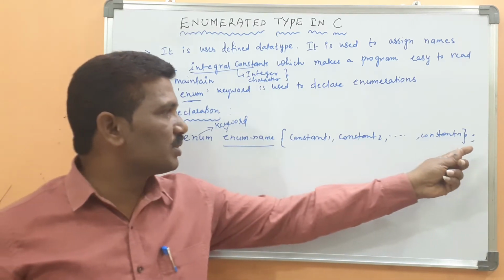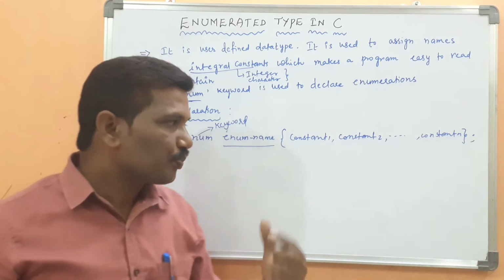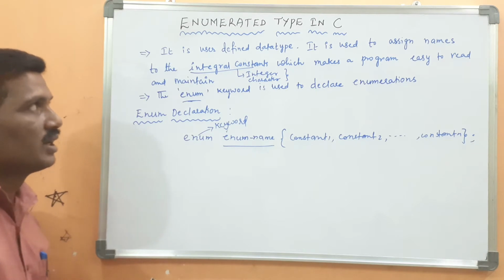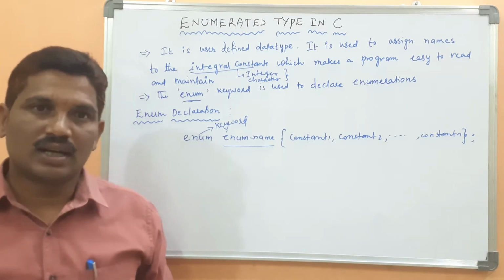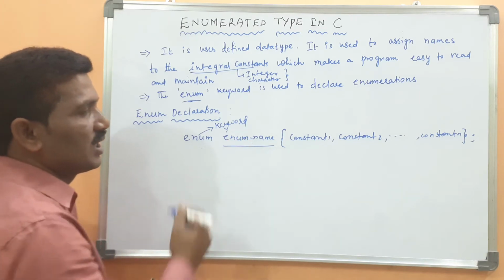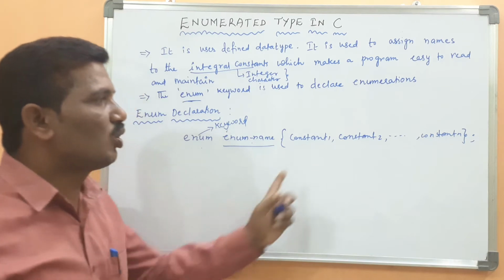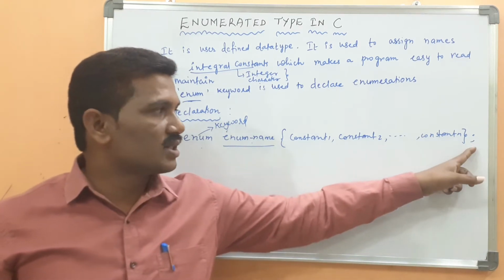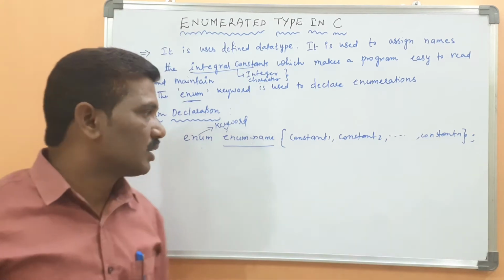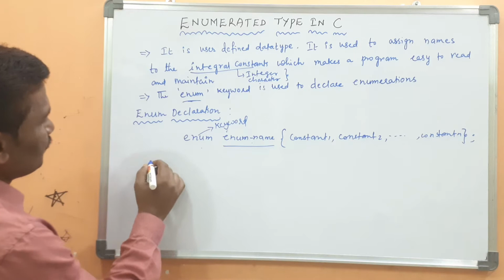Then at the end of the enum, you should put a semicolon. This is the declaration of the enum keyword: this is the keyword, this is the name of the enumerated type, you declare the constants here, and at the end of the declaration, you put a semicolon. Got my point?